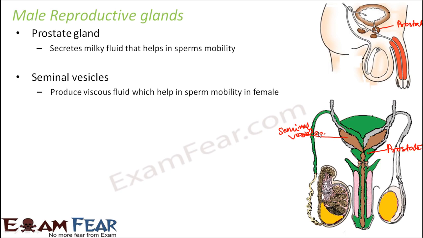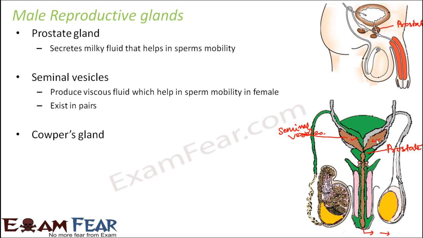Now the sperms will move out of the penis, and then move inside the body of the female. So even the sperm has to have mobility inside the female's body. That mobility is provided by this viscous fluid secreted by the seminal vesicles. The seminal vesicles also exist in pairs. Here you can see this is one and this is another one.